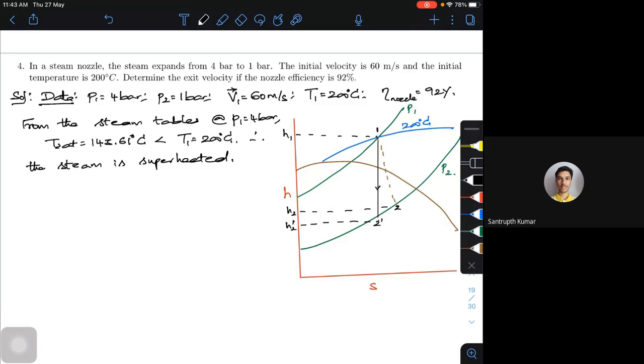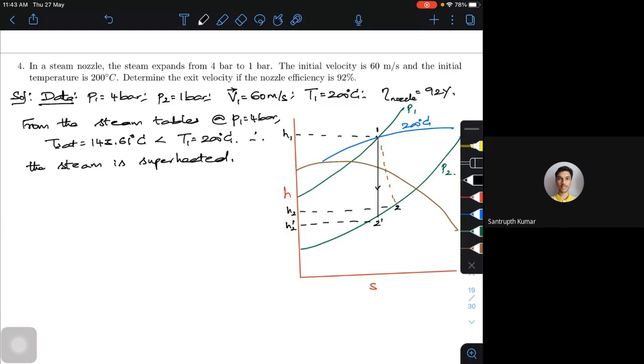Based upon that, I'll be able to get my actual enthalpy drop. So if I multiply H1 minus H2 dash by 0.92, I'll get my actual enthalpy drop, which is H1 minus H2, and that you have to put in your velocity. The same problem can be solved using the Mollier chart as well as the steam tables.